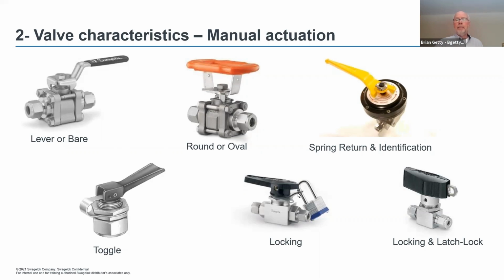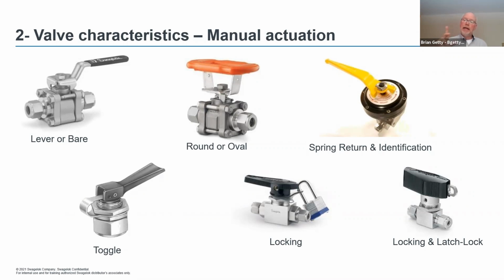Of course, what we're all seeing in industry now is that everybody wants to have locking handles. Or you can go into what's called a latch lock system. A latch lock system requires two movements to make the valve function. You press this in, and as you press it in, it unlocks the valve, and you're able to move it to its new position.